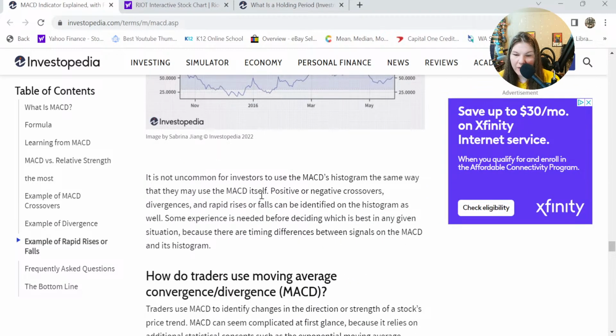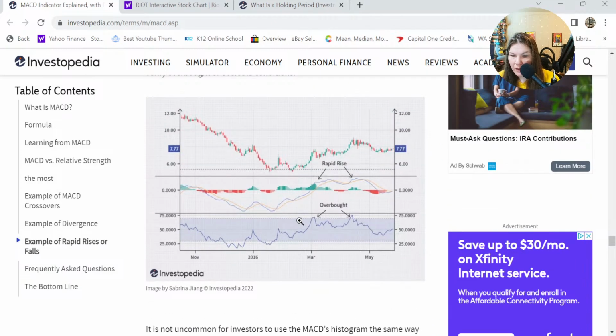It is not uncommon for investors to use the MACD's histogram the same way they may use the MACD itself. Positive or negative crossovers, divergences, and rapid rises or falls can be identified on the histogram as well. Some experience is needed before deciding which is best in any given situation, because there are timing differences between signals on the MACD and its histogram. So, you look on the histogram, you can see the rapid rise right here. It's not as clear here.